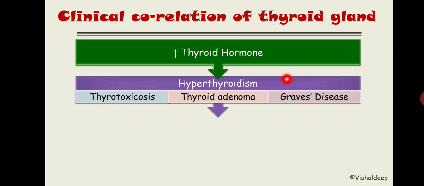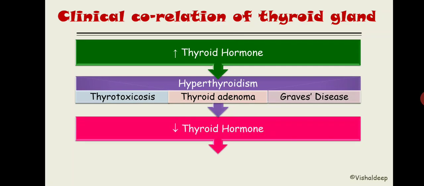Graves' disease is one of the reasons for hyperthyroidism, and hyperthyroidism has many causes. Got it? So most of the time thyrotoxicosis will be addressed along with Graves' disease. That's okay, but there is a slight difference between these two terminologies. Thyrotoxicosis itself is a hyperthyroidism. Now what is thyroid adenoma, that we will discuss in our subsequent slide.